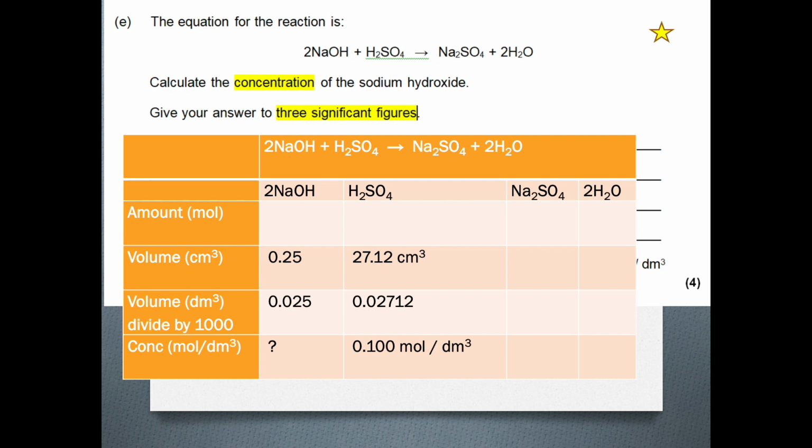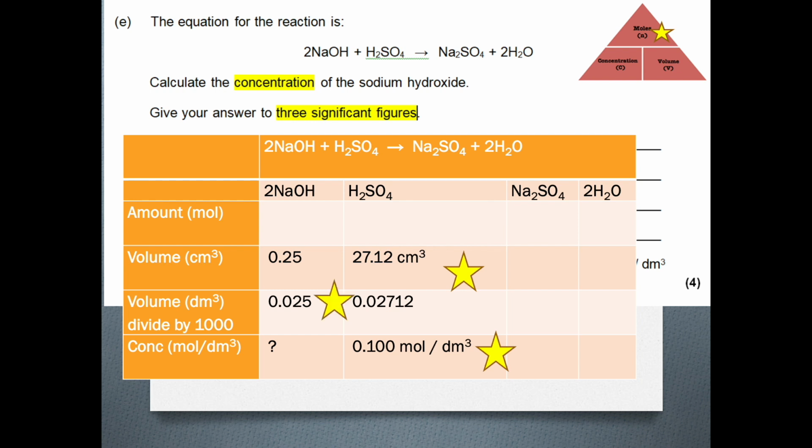All the other values have actually come from the previous part of the question. So there's my little triangle up there. So 27.12 is what we previously worked out for our mean volume. 0.1 was given in the exam question. I think it was either part A or B. And also this value here was also given.